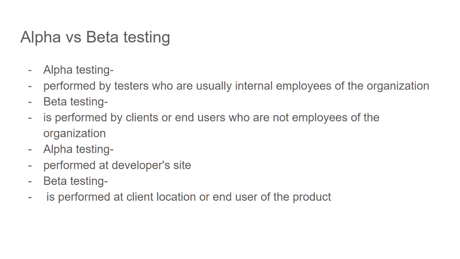There is also alpha testing and beta testing. Alpha testing is performed by testers who are inside the company, usually the company employees. Beta testing, however, is performed by the end user or the target audience who are not the employees. So if there's a game, there is usually a beta test where, if you would like to play the game, you can test it out, give the final feedback, then they could update some patches or something.